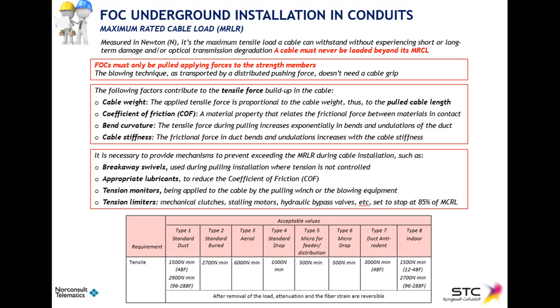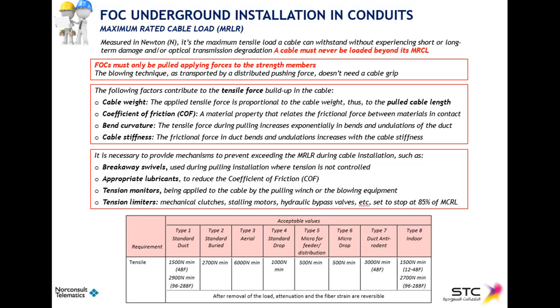So these are the factors that contribute to the increase of tensile forces in the cable. You have to keep them in mind to try to decrease this tensile force with all possible techniques that we are going to see in a minute, and keep it under control and below the maximum rated load.